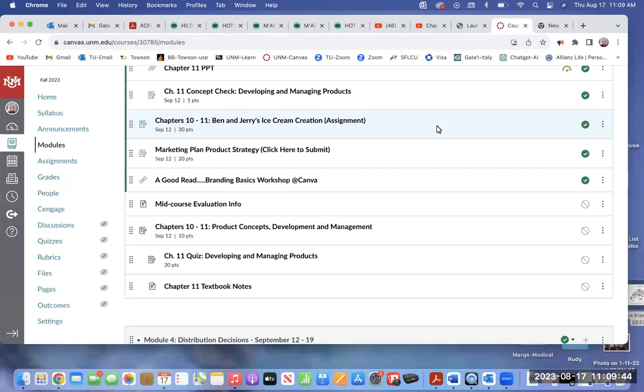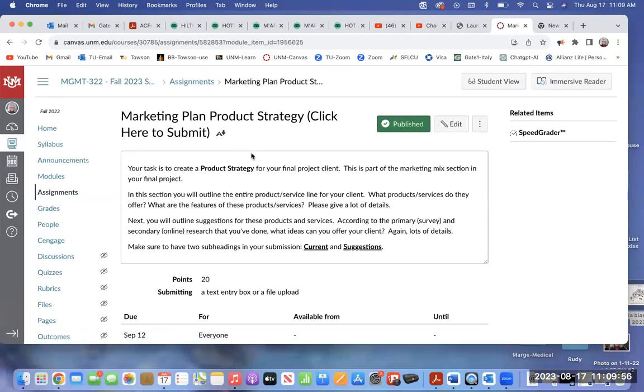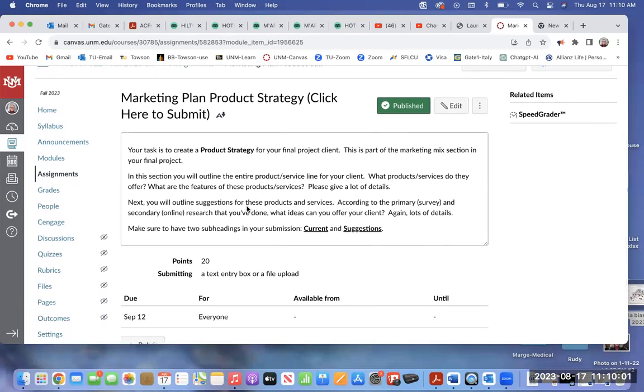And then the other thing I really want you to do is write your product strategy for the marketing plan. And there's information here about doing the marketing plan strategy. You're going to have to talk to your owner or manager, if you haven't already, and find out all the products and services that they offer, and have kind of a menu of those products and services.